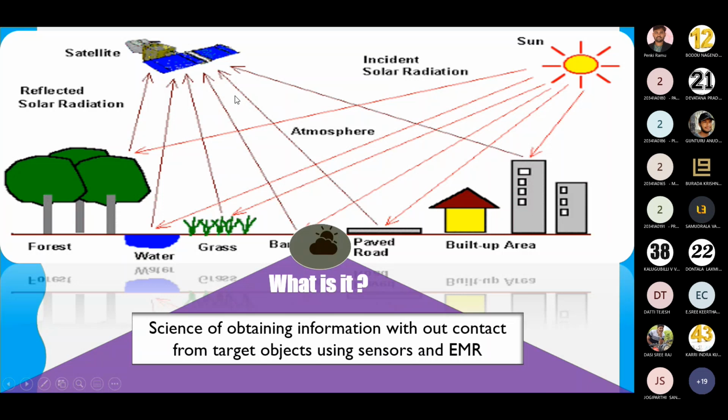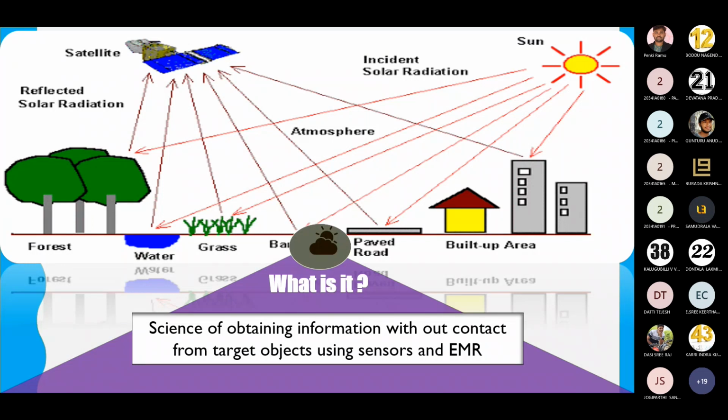You simply require a photograph of this road to talk about its condition or its width or any other aspect. So remote sensing provides us a way to perform this measurement and observation of different objects without actually going to those locations and objects.